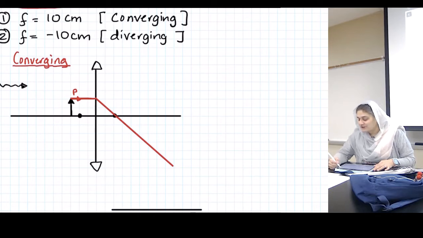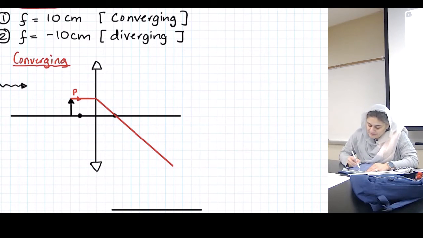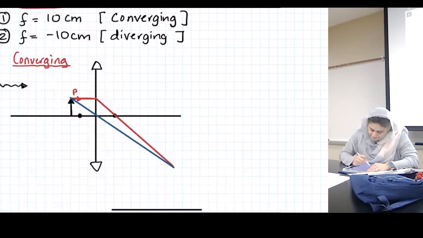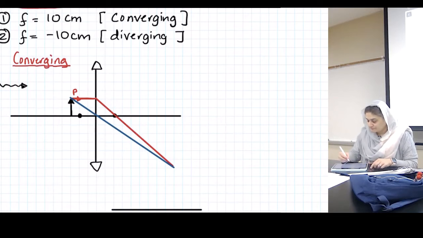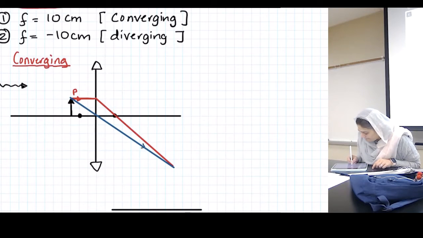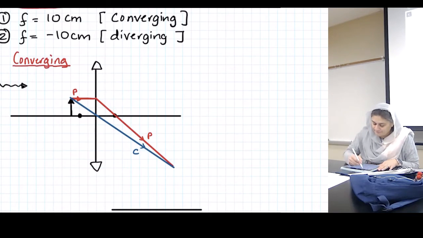Now, what's my next ray? The chief ray. And what does a chief ray do? It starts at the top, goes through the center, and keeps going straight because it's a lens. And what's my last ray?